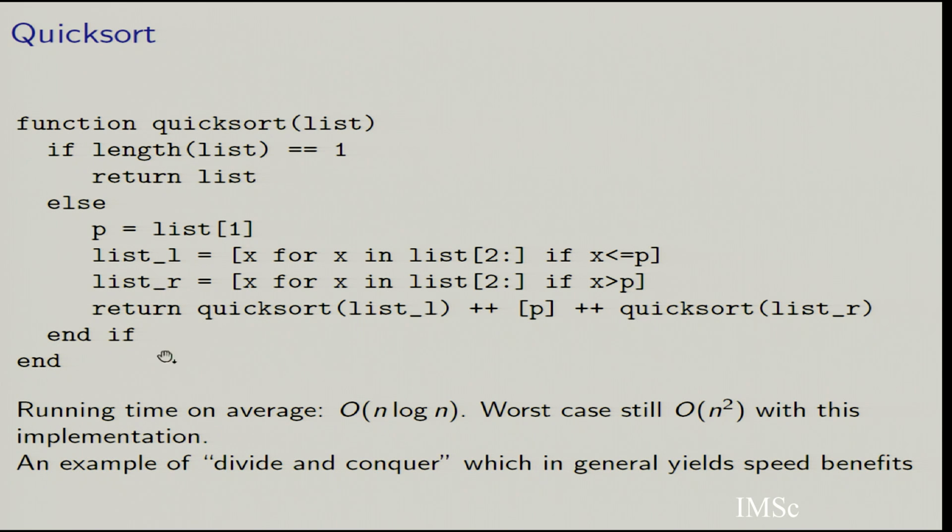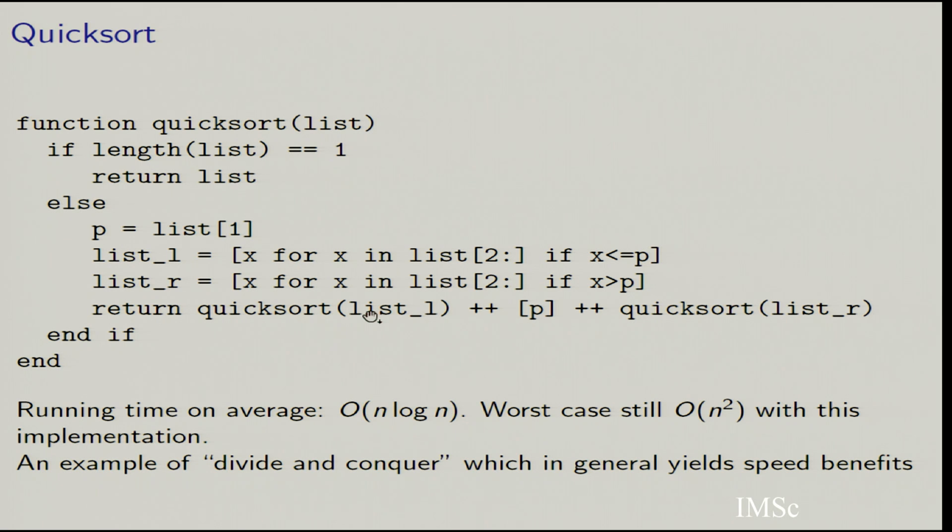And then you return the sorted list underscore L and P, and then list underscore right. So you can tell that if Quicksort is doing its job, this is a sorted list, but what it is doing is it is calling itself at this point.